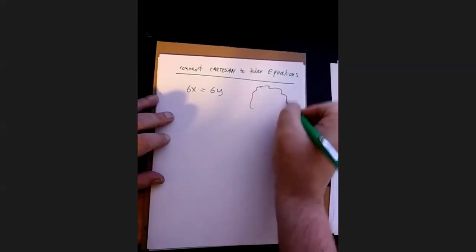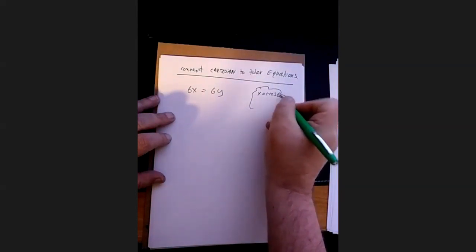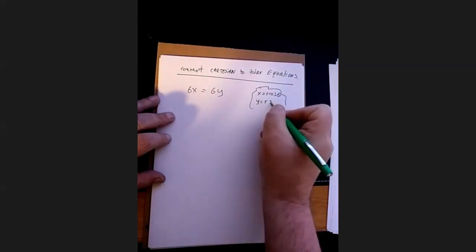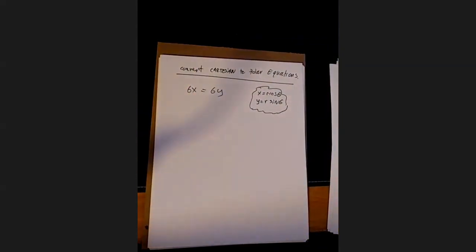So how do you do the conversion? You use the fact that x can be turned into r cos theta and y can be turned into r sin theta.